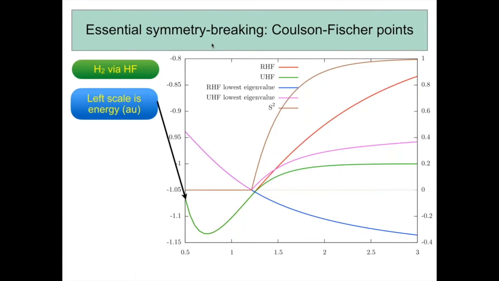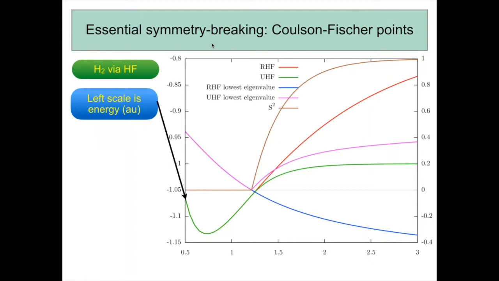So let's begin with a very simple example. This is the hydrogen molecule, and we're treating it by Hartree-Fock theory. Hartree-Fock is not exact for a 2-electron system, so there will be errors here. The energy curve is in green for UHF, and it's also in green when UHF and RHF are identical.